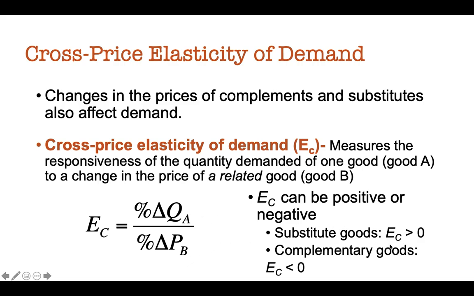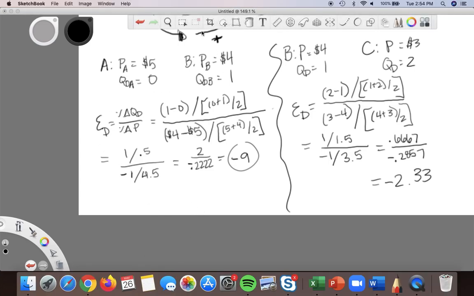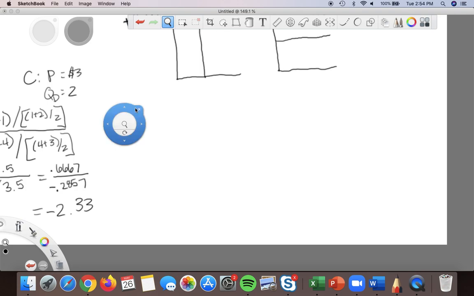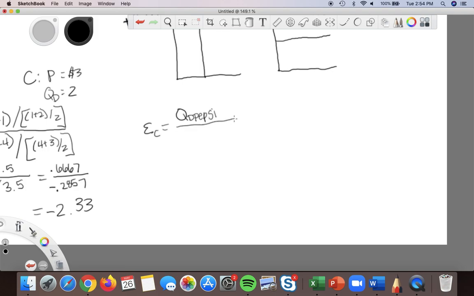Substitutes are goods you use in place of each other. So for cross-price elasticity for substitutes, I could measure how the quantity demanded of Pepsi changes when I change the price of Coca-Cola.